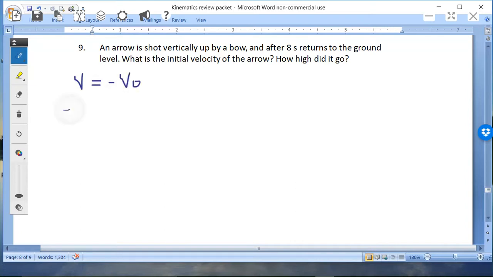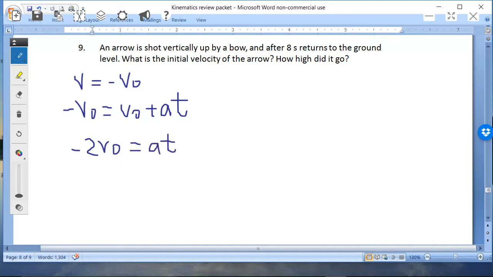Using the first kinematics equation, this becomes negative v0 is equal to v0 plus at. Solving for v0, this becomes negative 2v0 after subtracting v0s on both sides is equal to at. Solving for v0, it becomes at divided by negative 2.